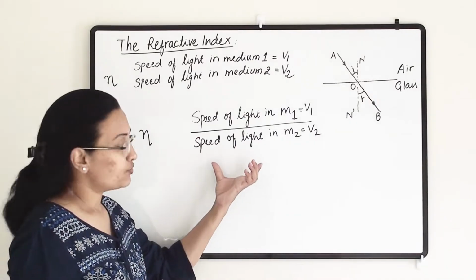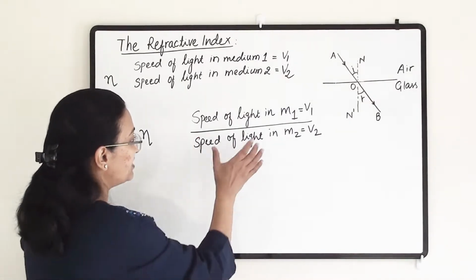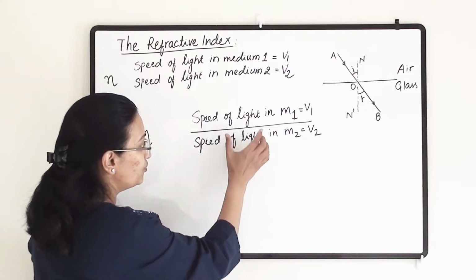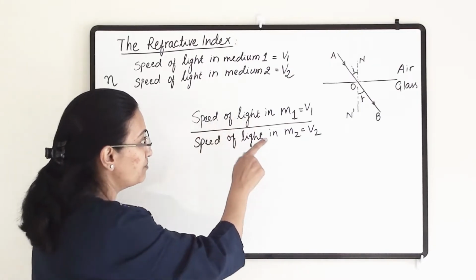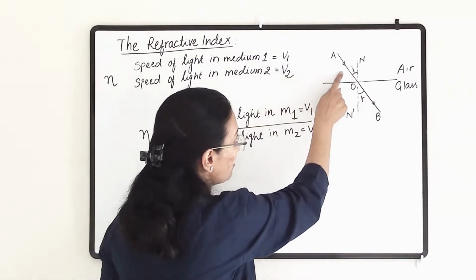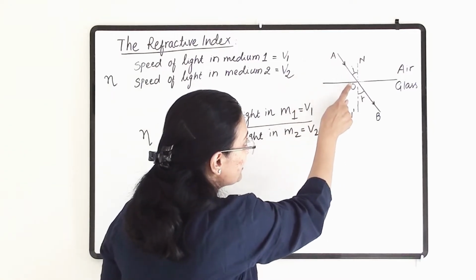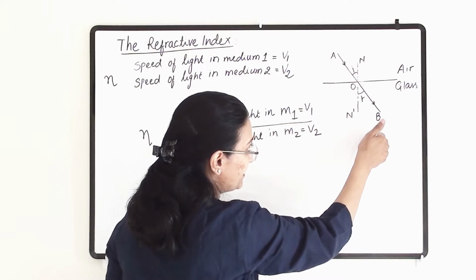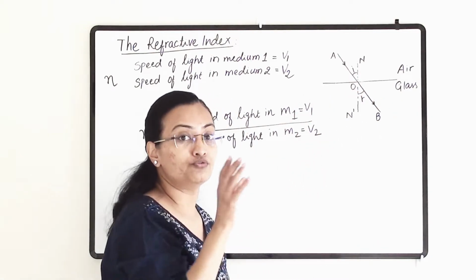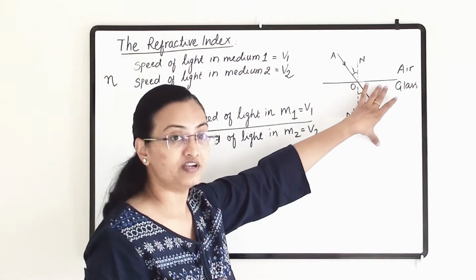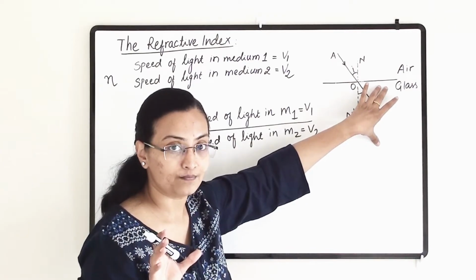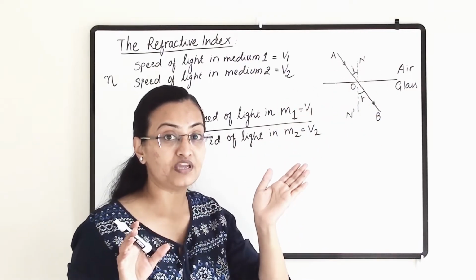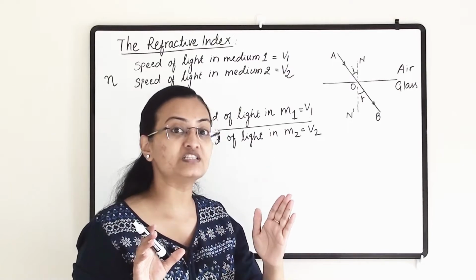So here we are checking the refractive index of medium 2 with respect to medium 1, because the ray is coming obliquely and falling on this surface, and then it is going to bend. So actually we are going to find the refractive index of the glass medium, that when the ray is coming through the air, how much it is bending.